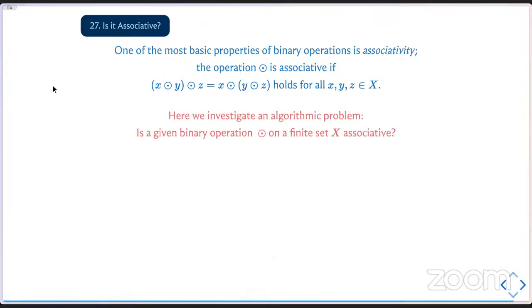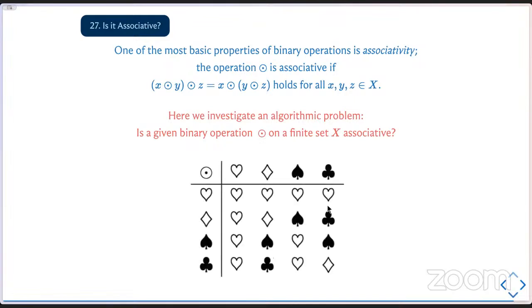So now we want to test if a given binary operation is associative, and I guess we are restricting ourselves to finite sets because otherwise this can be a tricky question to model algorithmically. So imagine that X is a set with n elements, and the binary operation is given to you as a table. So you can simply read off the operation by just doing the row column thing.